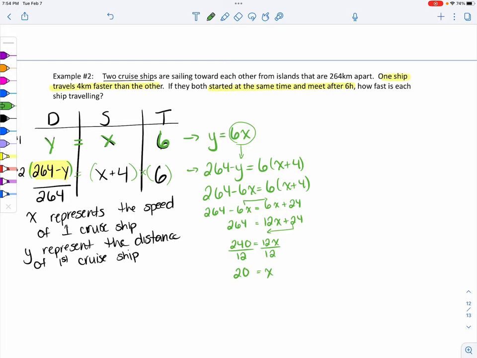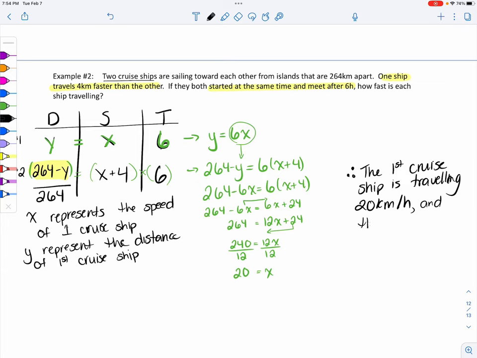Okay, so what did we just find out? If you go back to that table, X is the speed of the first cruise ship. The question wants to know how fast is each cruise ship traveling? Well, we just found out the first one. Therefore, the first cruise ship is traveling 20 kilometers an hour.